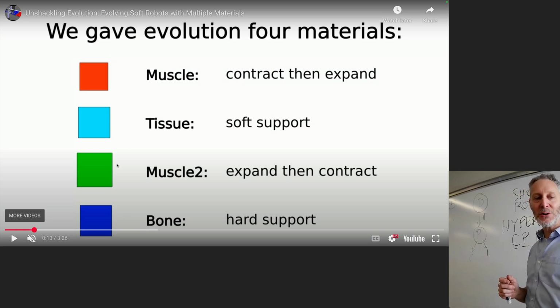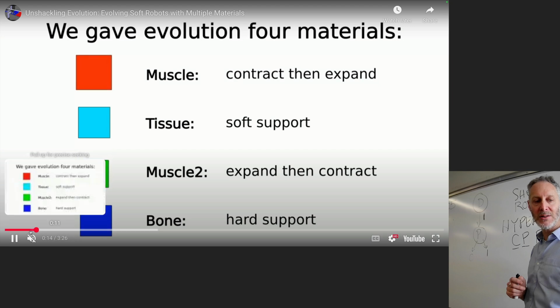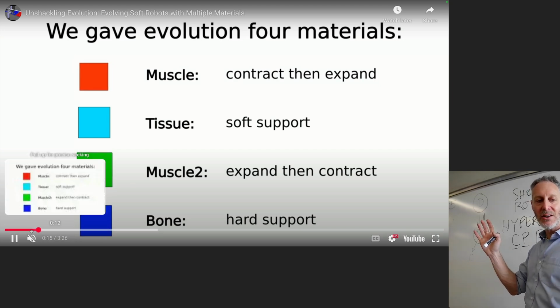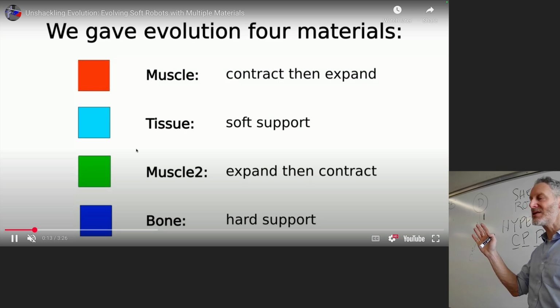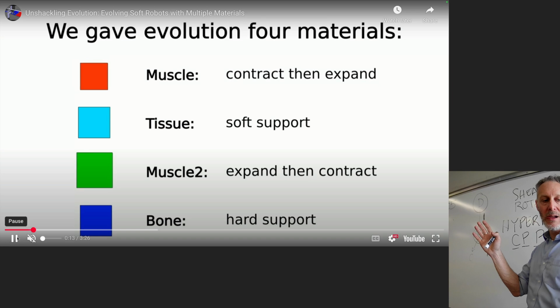The red and green voxels, these are active voxels. These are muscle. Let me unpause for a moment. You'll notice that they're increasing and decreasing in size, and in antiphase to one another.